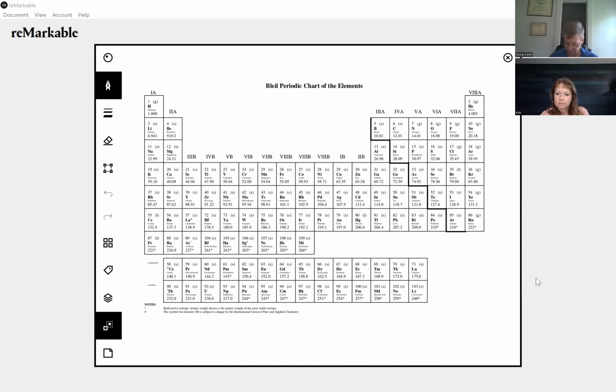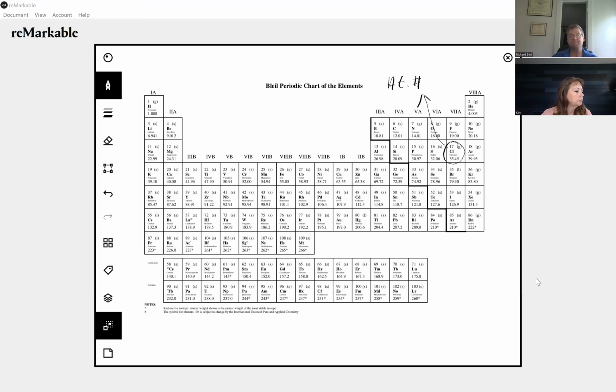Let's use one of my favorite examples. So over here, you have chlorine. And last time we talked about atomic number, which the atomic number of chlorine is 17. Now, if the atomic number is 17, how many protons does it have?